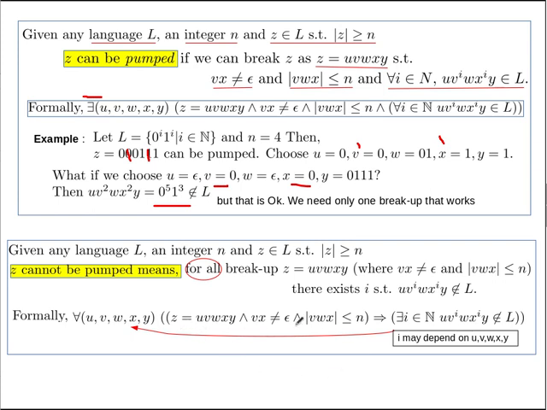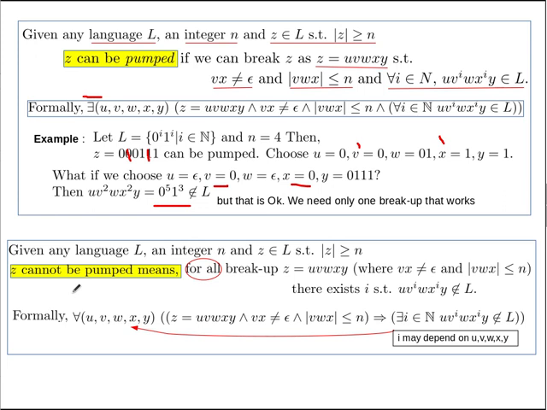So this will become for all, this conjunction will become implication, and then the negation of this part. So the negation of this part means this will become there exists, and here it will be the negation of this thing. Okay. So the quantifiers change. This there exists becomes for all, and this for all becomes there exists.